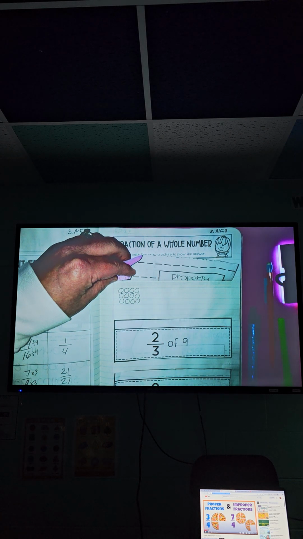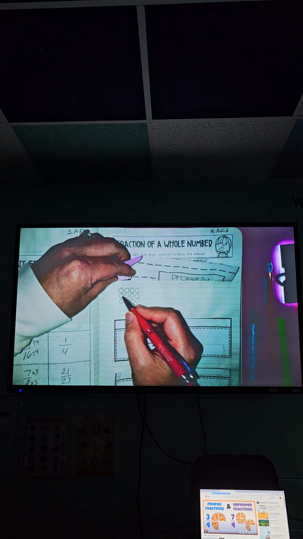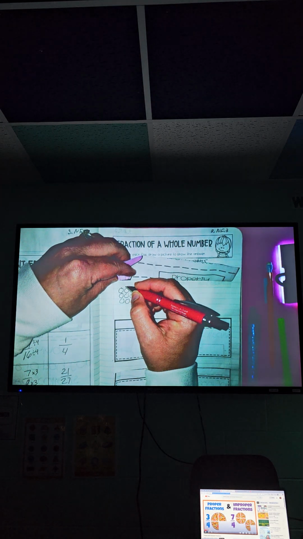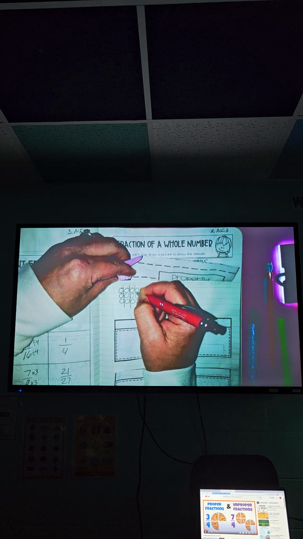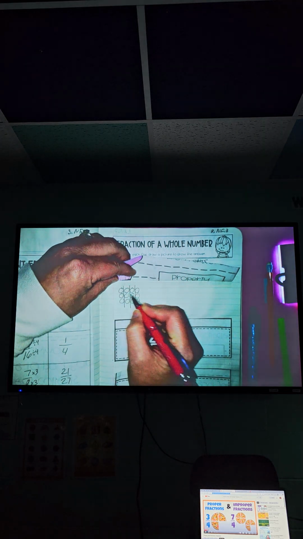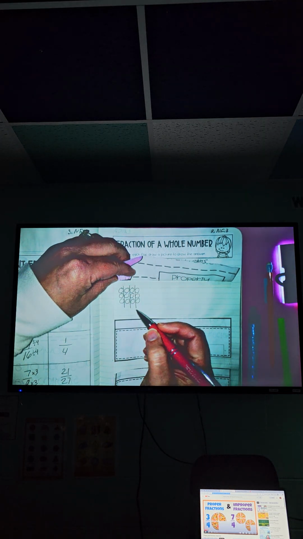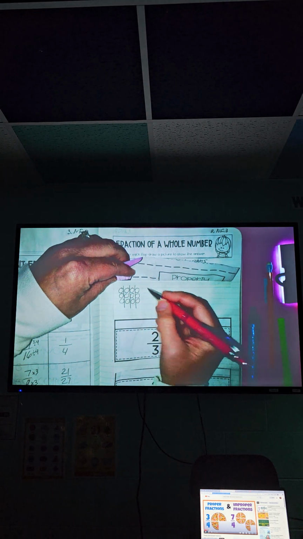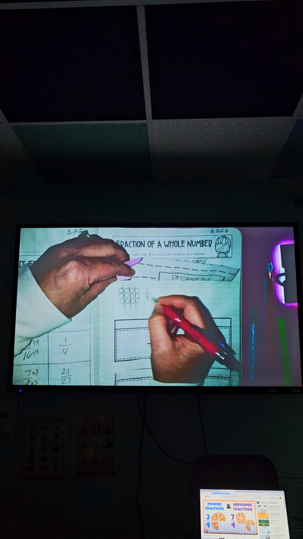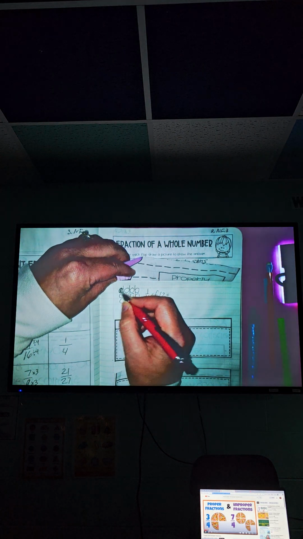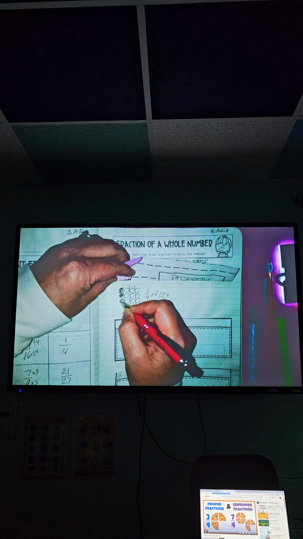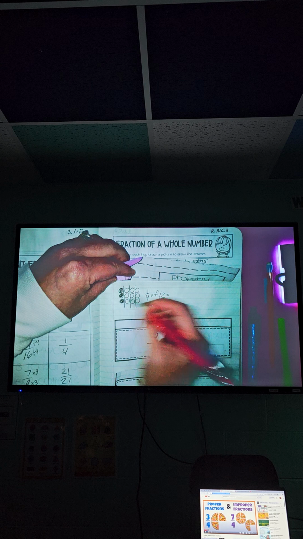Well, now I'm at 12. And if it's divided by fourths, there's 1, 2, 3, 4 pieces, right? So 1/4 of 12 equals, this is the 1, so 1, 2, 3.